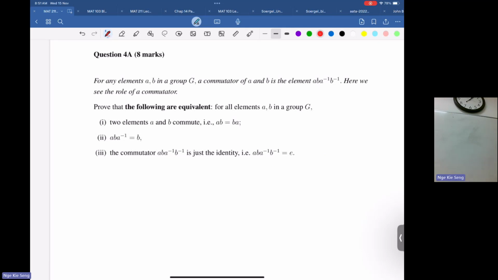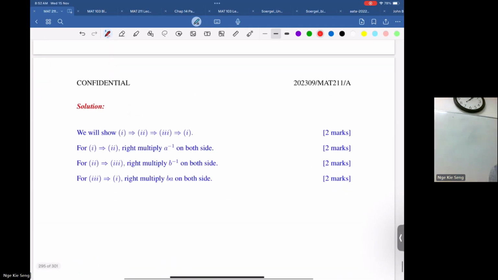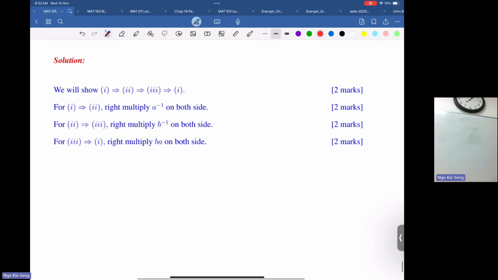So how to prove this? There's nothing much to do actually for this question. You just multiply with the right element, then you will get what you want. The thing I want to test you in this question is actually the logic. TFAE, the following are equivalent. I caught some of you not understanding this, and you just tried to prove every statement.